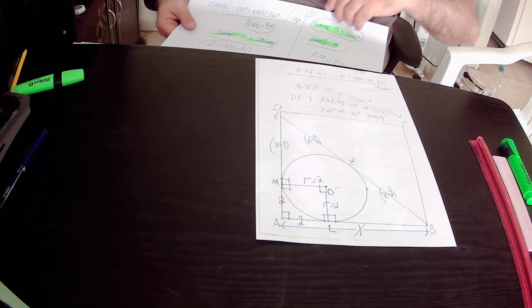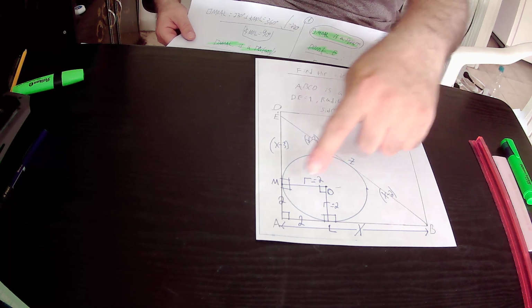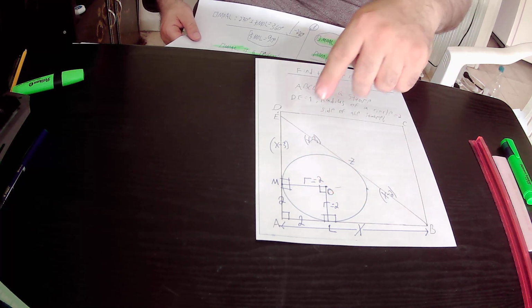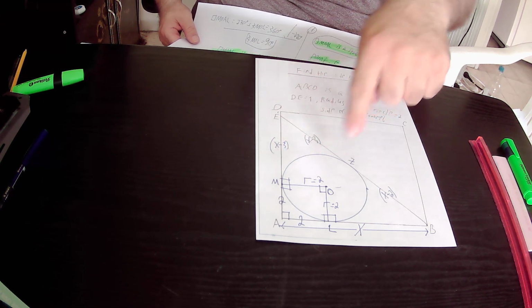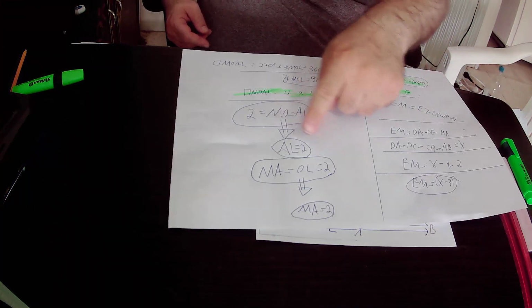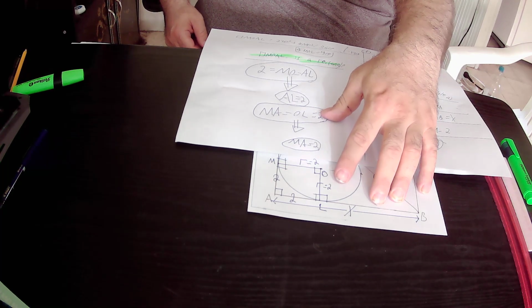Here, AL equals 2 units. Likewise, according to the rule that the opposite sides of a rectangle are equal to each other, we get that MA equals LO. But LO equals 2 units. This is the radius of the circle.